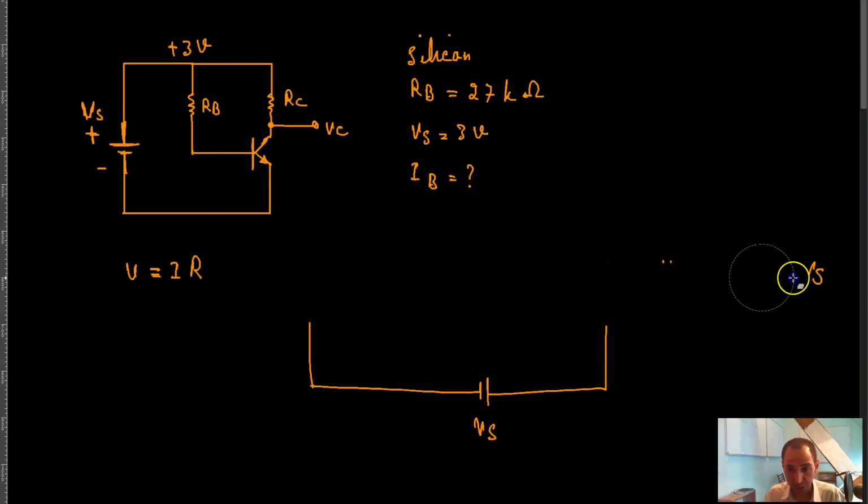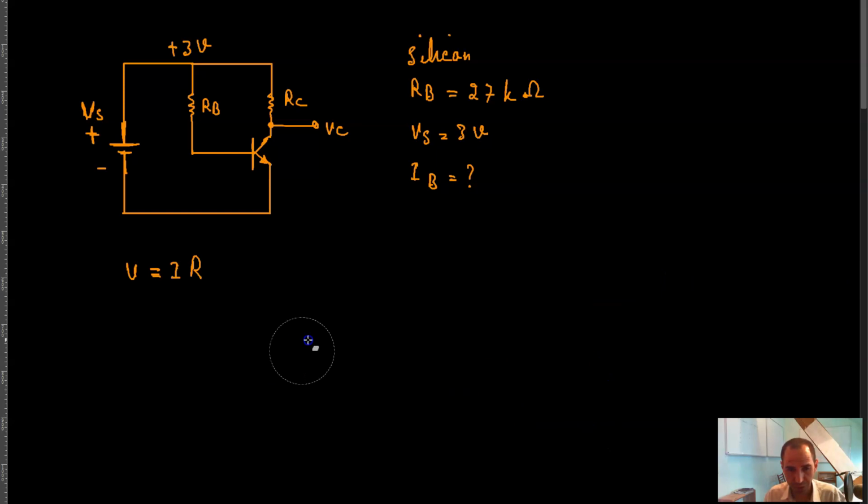So the voltage drop across the resistor plus the voltage drop across the p-n junction of the transistor equals the supply voltage.